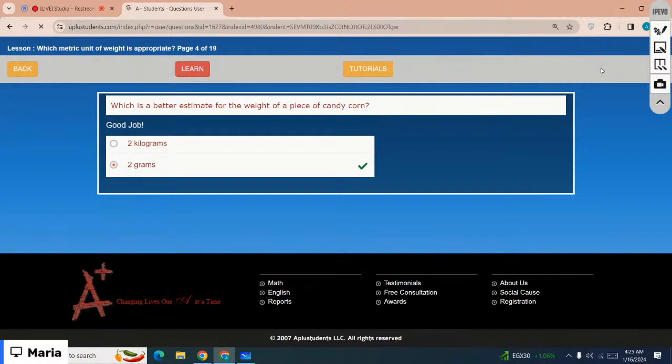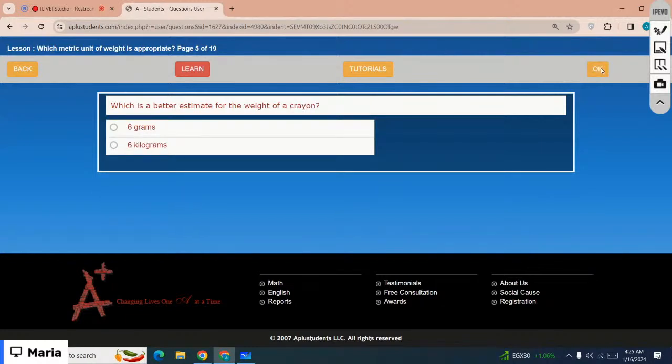Very good. Which is a better estimate for the weight of a crayon? 6 grams or 6 kilograms? That is 6 grams. Very good.